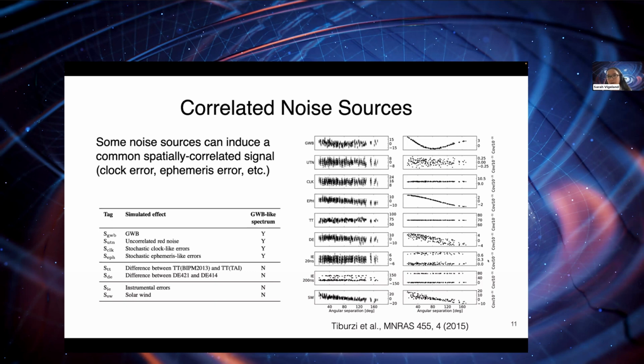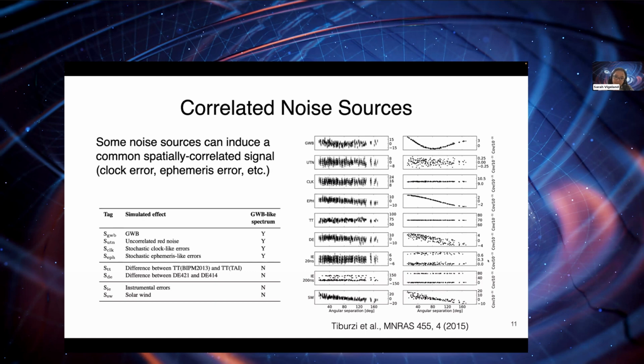Another type of correlated noise source is an error in the position of the solar system barycenter. So when we do pulsar timing, you don't want to just reference the pulse times of arrival to the telescope, because the telescopes are not inertial reference frames, and there are also different telescopes used. So instead, everything is referenced to the solar system barycenter, which we can take to be an inertial reference frame.